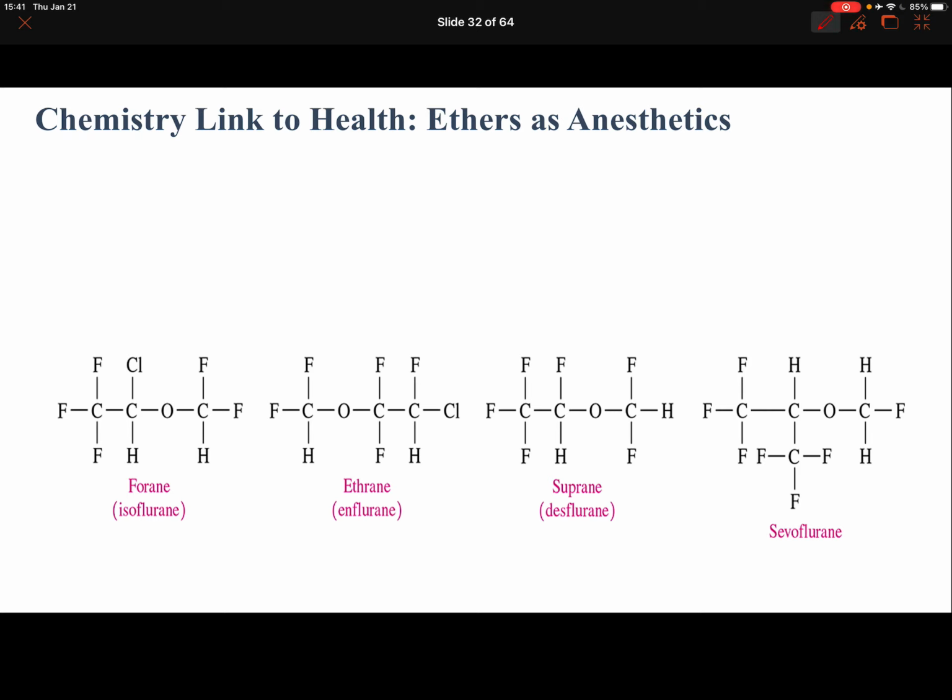They retained the ether group, but they replaced a lot of the hydrogen atoms on ether with halogens, and this made it not so volatile, so it didn't evaporate really easily, but it also made it so that it didn't burn so easily. It wasn't so flammable. And so that's why you see lots of fluorines and some chlorines in here. So these are the new, improved ether anesthetics.